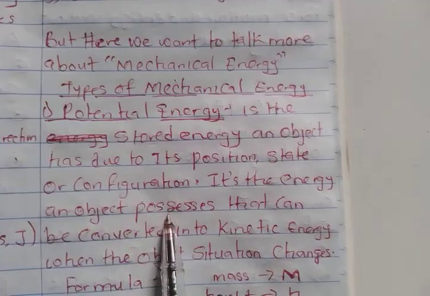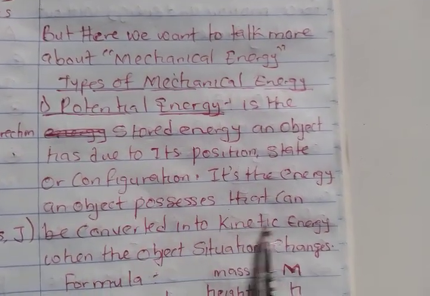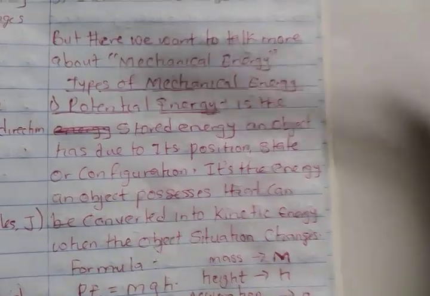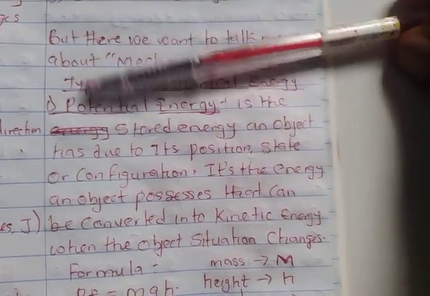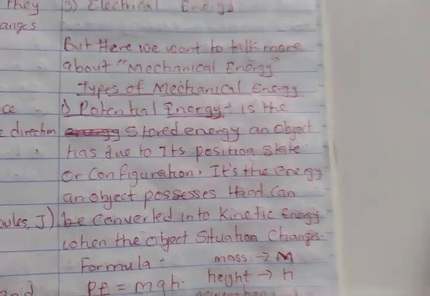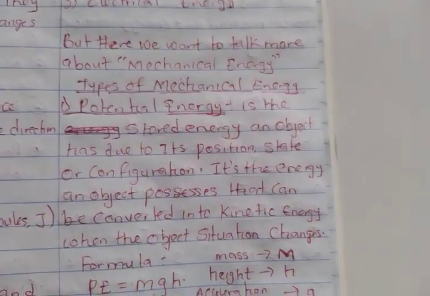It's the energy an object possesses that can be converted into kinetic energy when the object's situation changes. Meaning that if the object is staying static, it has potential energy, but when it changes, it can be converted into kinetic energy.